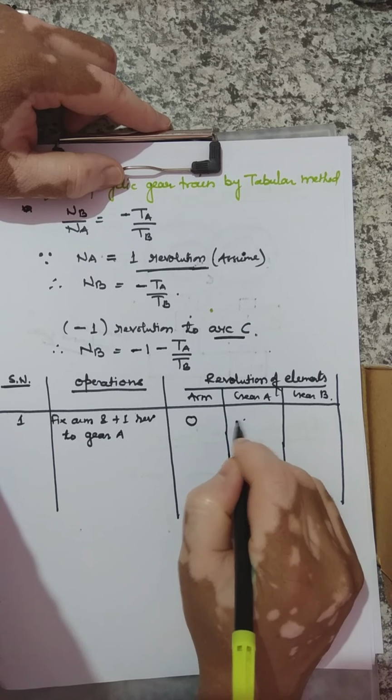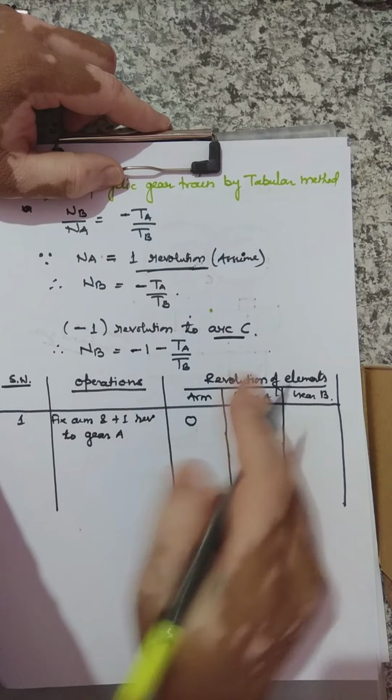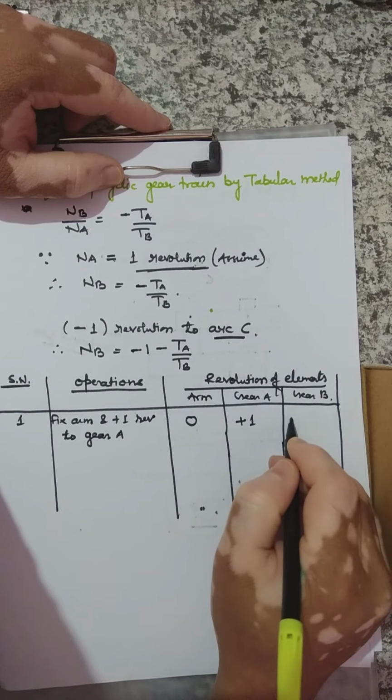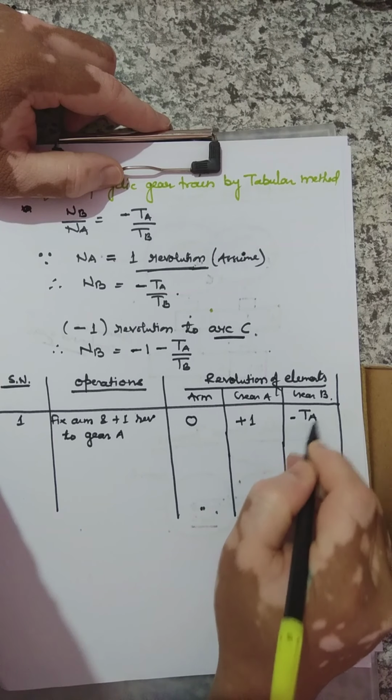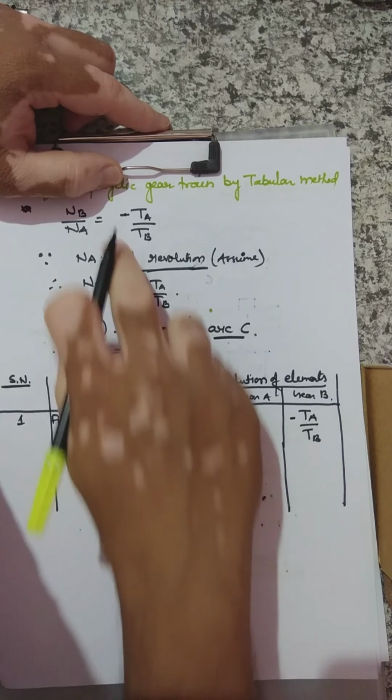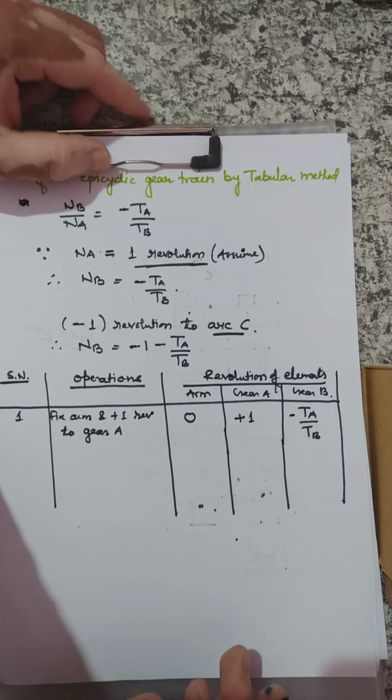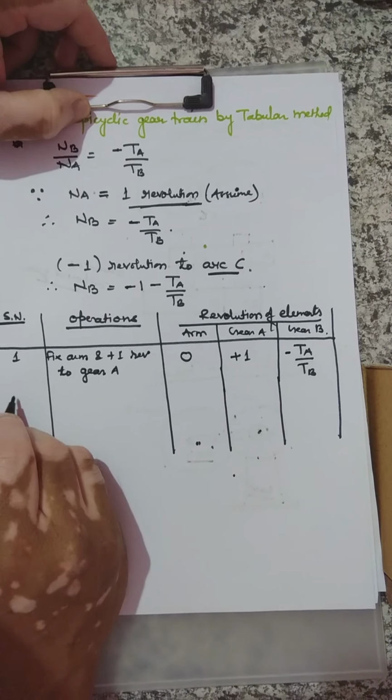In gear A, plus 1 revolution, because we are giving plus 1 revolution. Then in gear B, minus TA by TB. Okay, this is one.